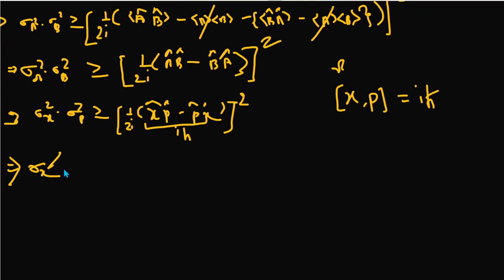Sigma x square, sigma p square greater than or equal to 1 over 2 iota, and putting the value of this as iota h cut, this will be iota h cut whole square.